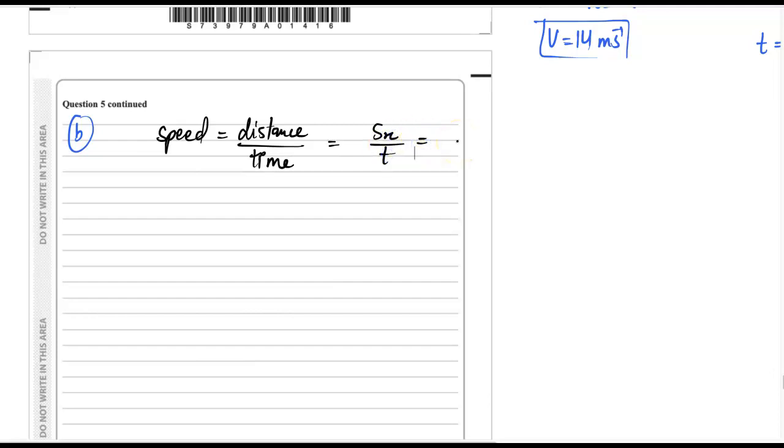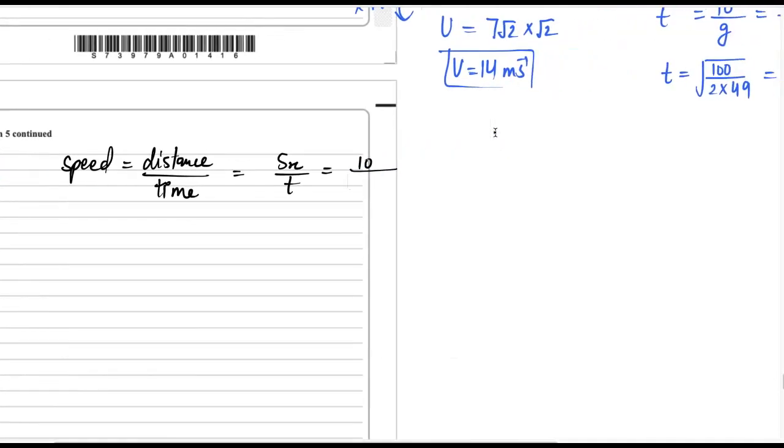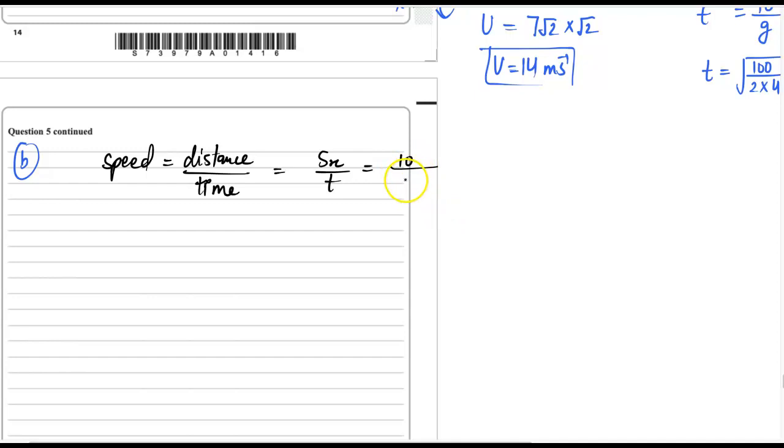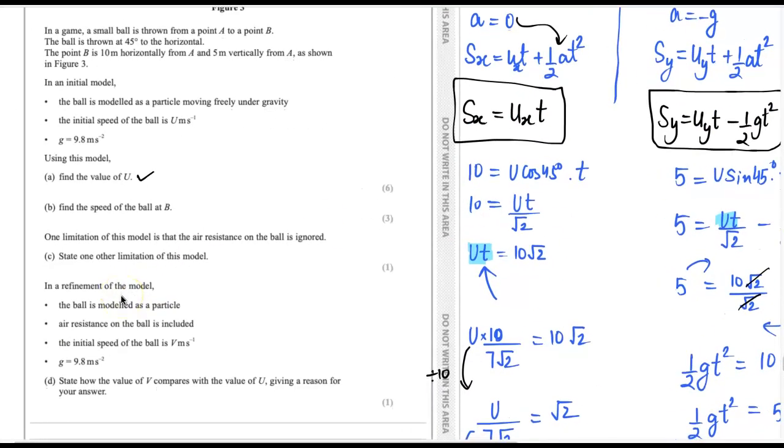Sx was 10, and time we found was 10 over 7 root 2. If we simplify that, we're going to be getting 7 root 2. So I think it is moving with this speed, 7 root 2 meters per second. Or if you simplify that, 7 times root 2, it is giving us 9.899. Is it asking for decimal values or something?